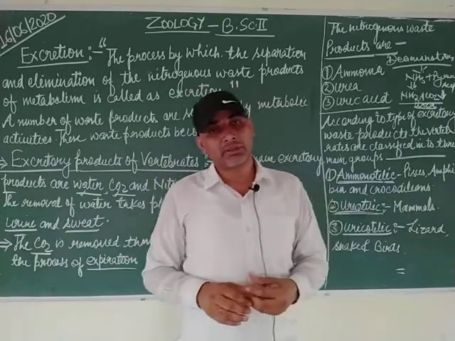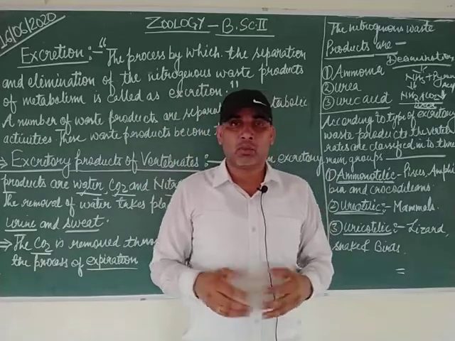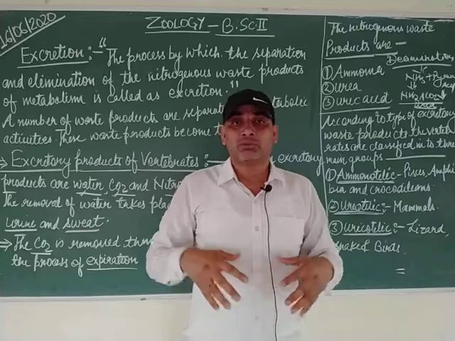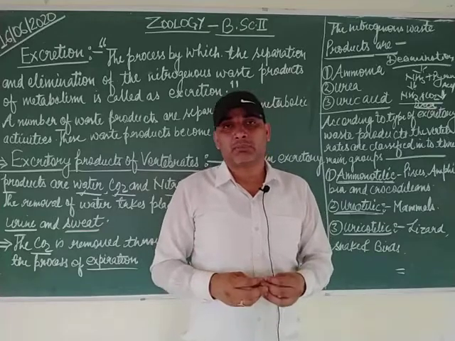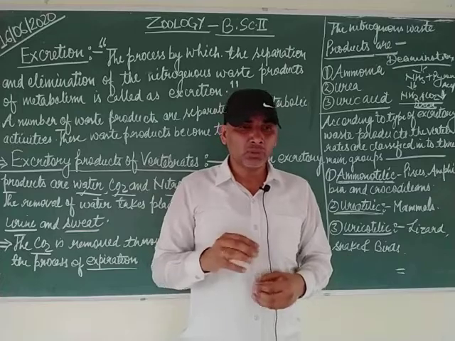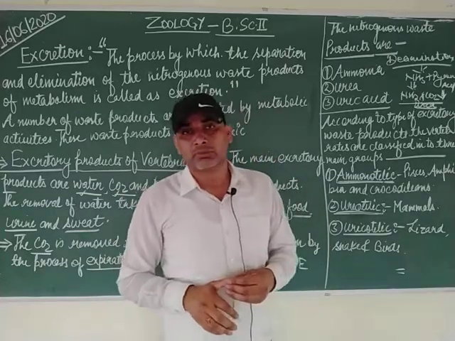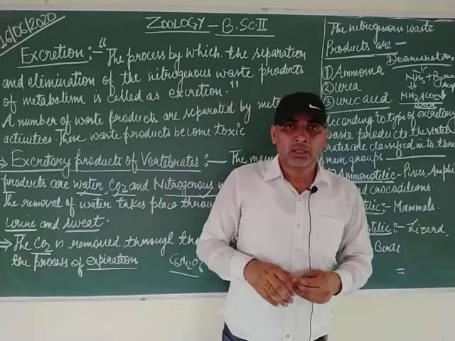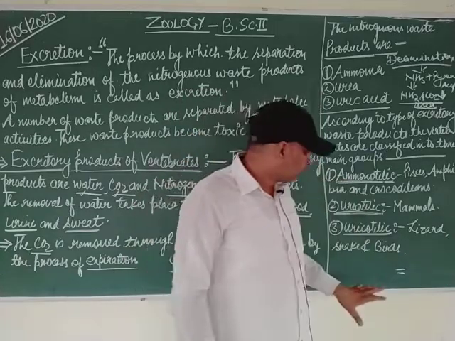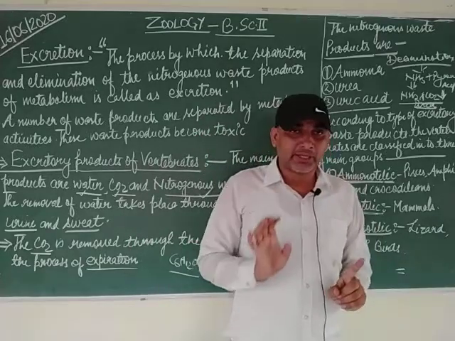What is its internal structure, what is its function, and what is the procedure for the formation of urine, and the different kinds of events and hormonal activities seen in this process.